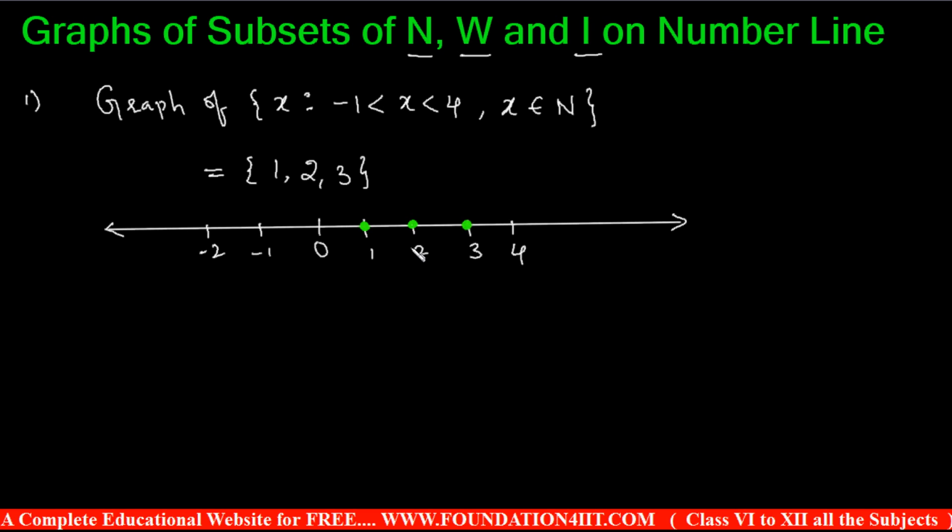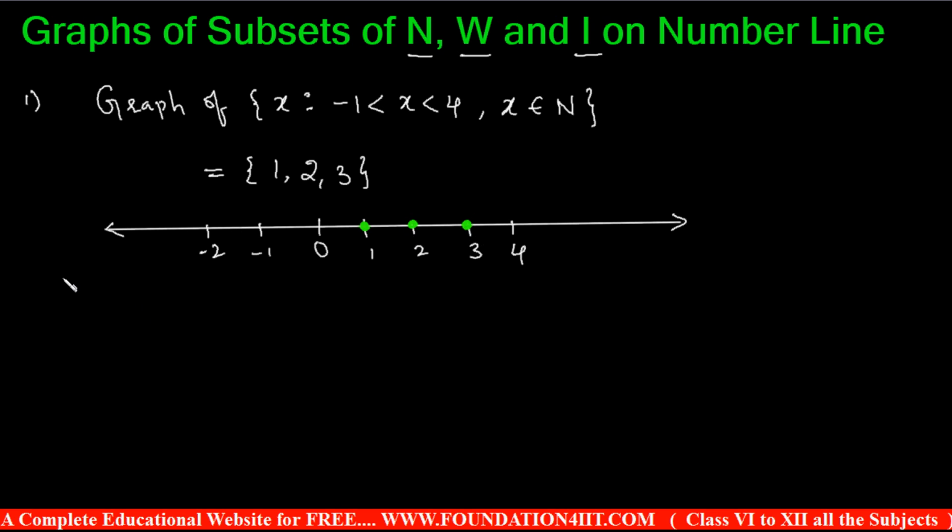These darkened circles indicate the natural numbers contained in the set. So only 1, 2, 3.